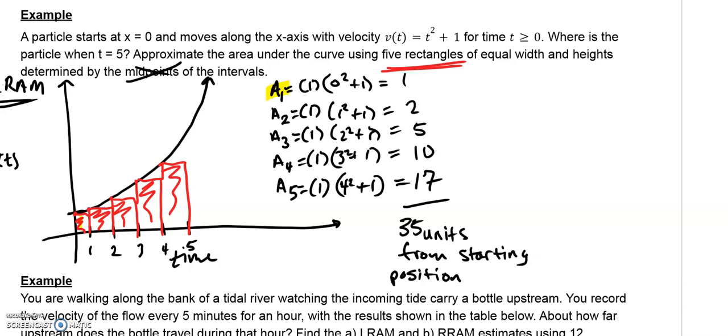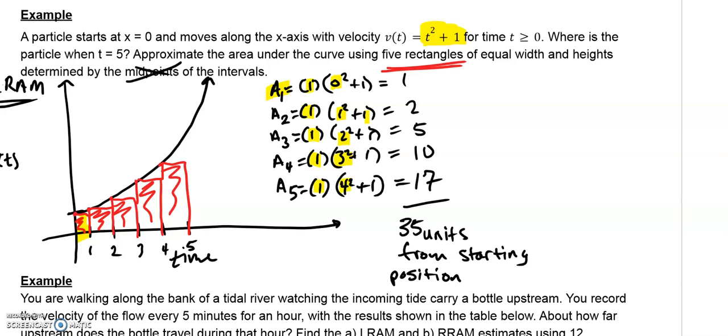Now here, I like to set these up per rectangle. So a sub 1 is this first rectangle. So these are all the heights. Actually, this is the width, sorry. The interval, all of them are 1. Okay, so you would have 0 squared plus 1, 1 squared plus 1. Again, I'm using this function right here to determine the heights. Then 2 squared plus 1, 3 squared plus 1, 4 squared plus 1, right?